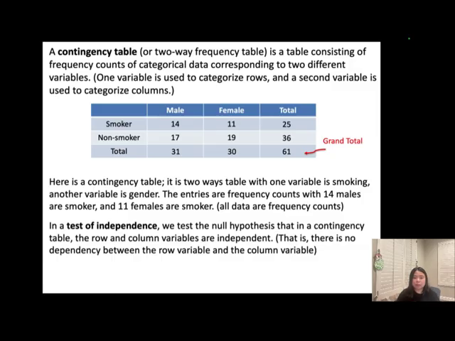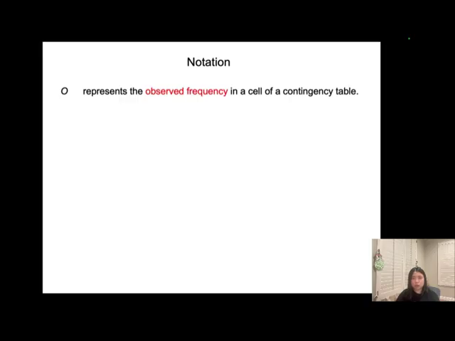In a test of independence, we test the null hypothesis that in a contingency table, the row and column variables are independent. So we want to see if these two variables are independent. Look at the notation. Similar to the goodness of fit test, we have an O, the observed frequency.